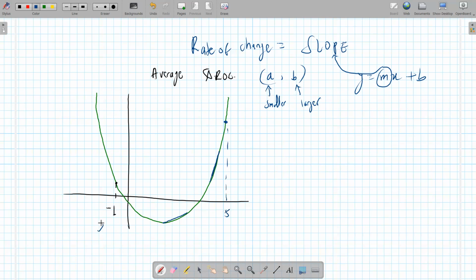So here, this would be your a value. This would be your b value. What you do is you take this point and you take that point, whatever the y values there may be, and you connect them like this. This line that we just drew from -1 to 5, this is called the secant line, S-E-C-A-N-T line.